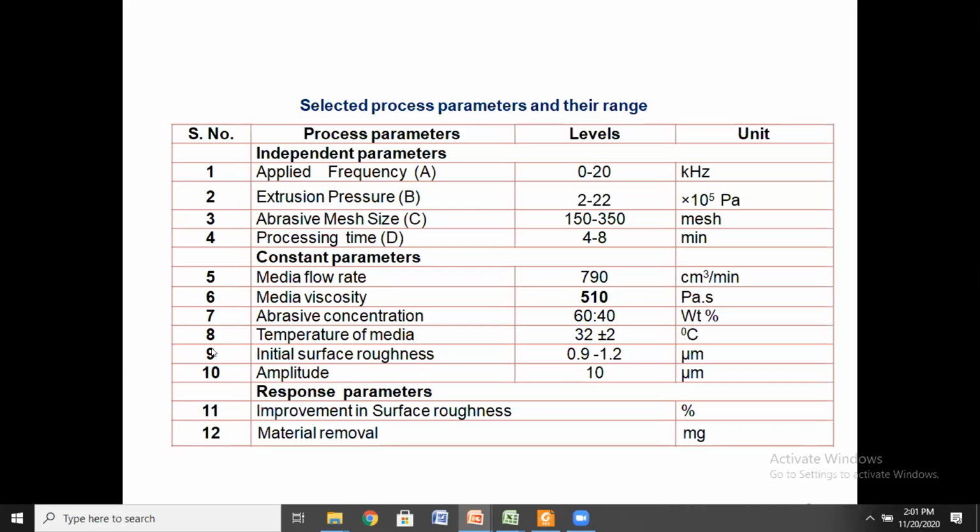These parameters were taken in a range as constant parameters, and the responses are improvement in surface finish and material removal. These ranges were taken based on the literature as well as my experimental conditions, and also based on the pilot experimentation study.